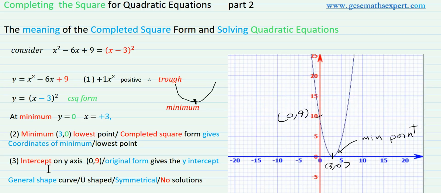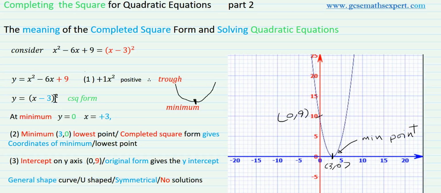Okay, so this is 1 point. Another fact is the intercept on the y-axis, which in this case is 0, 9. So this is where the graph cuts the y-axis. In that case x will be 0. Yeah, so if we put x is 0, minus 3 times minus 3, that's what we will be left with, is 9.